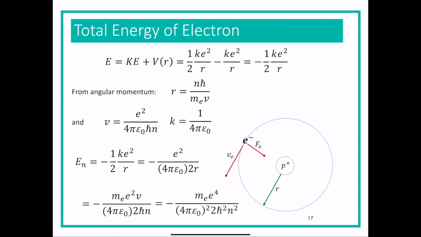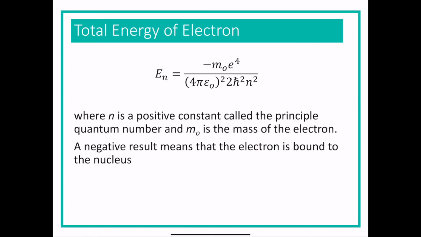We get this massive equation: the mass of the electron times electronic charge to the fourth, divided by 4 pi times the permittivity squared times 2 times h bar, which is Planck's constant over 2 pi, times n squared. There's only one thing that's a variable. Everything's a constant, so the only thing that really changes is the quantum number n.